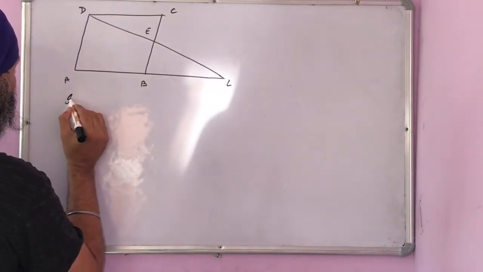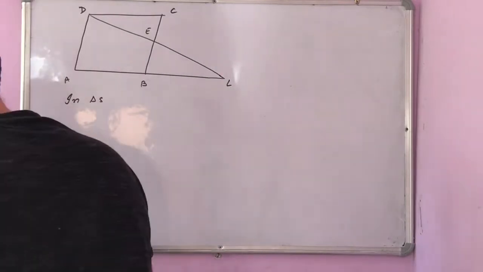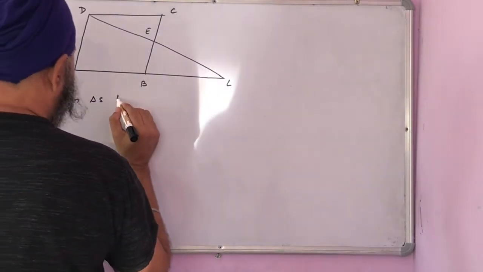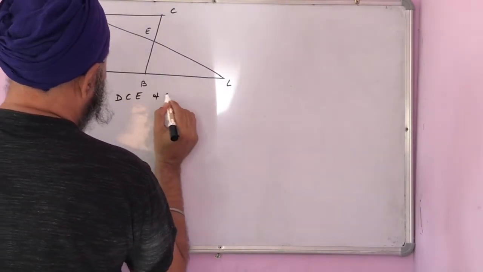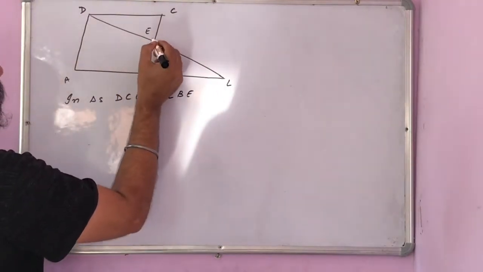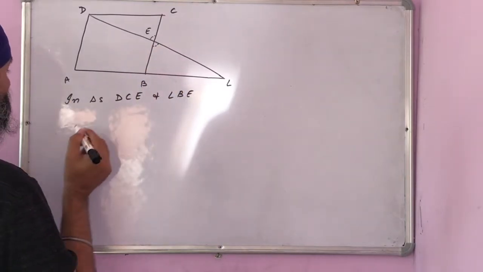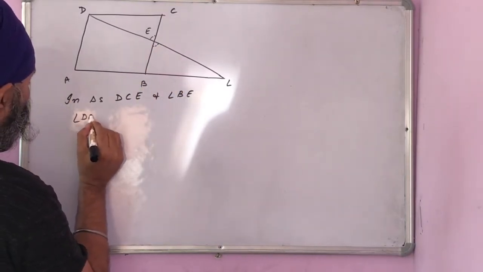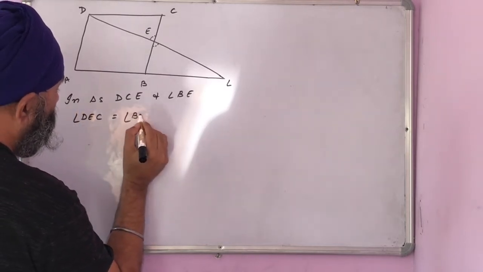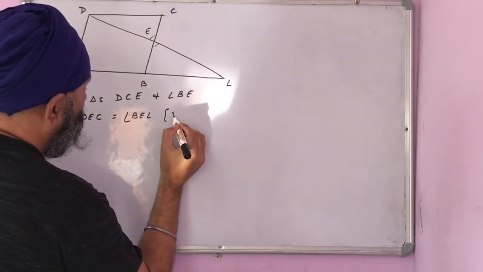So in triangles DCE and LBE, these two are vertically opposite angles. Angle DEC is equal to angle BEL, vertically opposite angles.